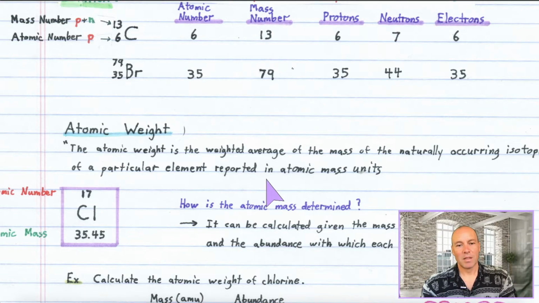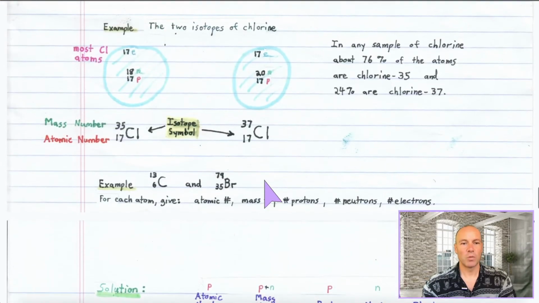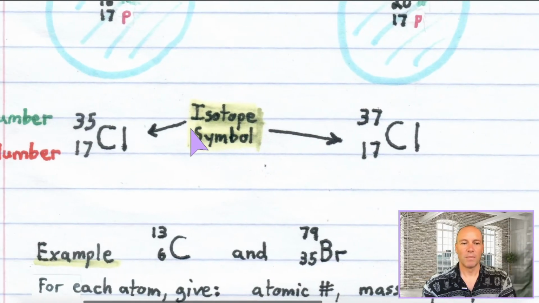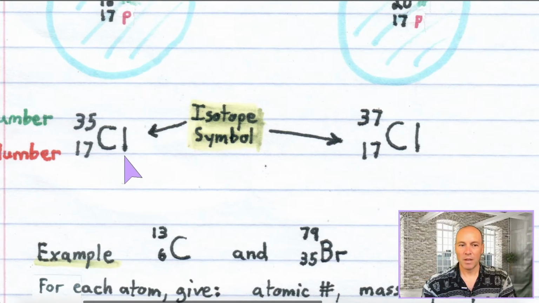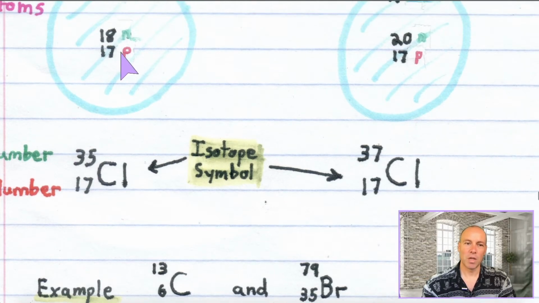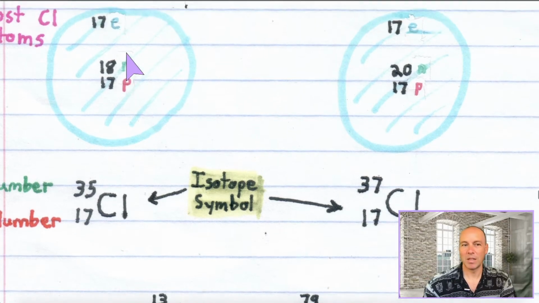It means that if you go back to the two isotopes of chlorine, this one is a little lighter. It weighs a certain number of atomic mass units. It's going to be pretty close to 35 atomic mass units because the protons and the neutrons weigh approximately 1 atomic mass unit and the electrons are almost massless.